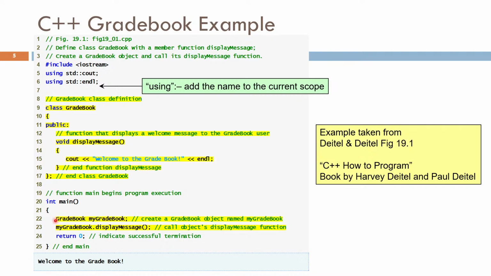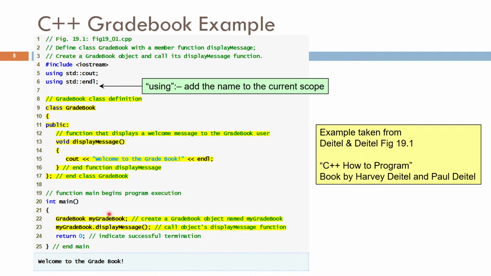So this GradeBook, being our class, just to reiterate, is our own data type. And because it is our own data type, we're going to treat myGradeBook as a variable of data type GradeBook. Because it is treated as a variable of data type GradeBook, in classes we refer to this as an object.